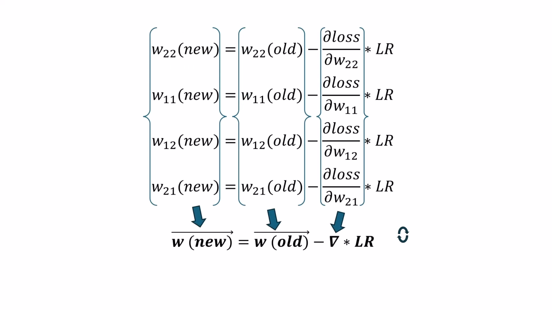So you might have seen this. This is also a very good quiz material. You group all the new W's into one vector, and all the old W's into another one. And now, a special one is all the slopes, all the partial derivatives, we group that into an upside-down triangle.